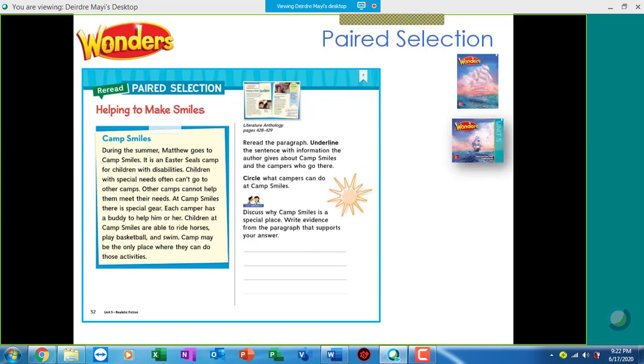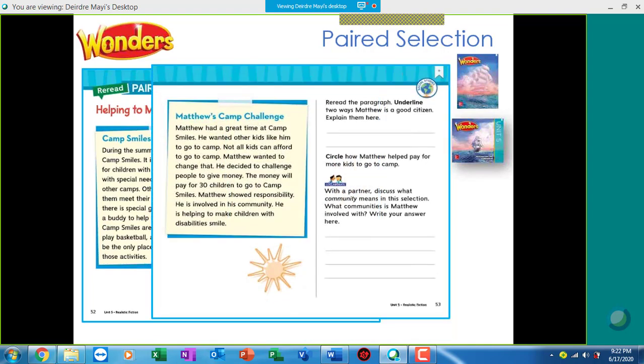Reread the paragraph. Underline the sentence with information the author gives about Camp Smiles and the campers who go there. Circle what campers can do at Camp Smiles. Discuss why Camp Smiles is a special place. Write evidence from the paragraph that supports your answer. Okay?